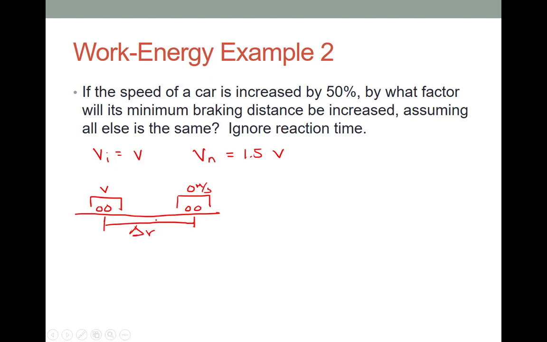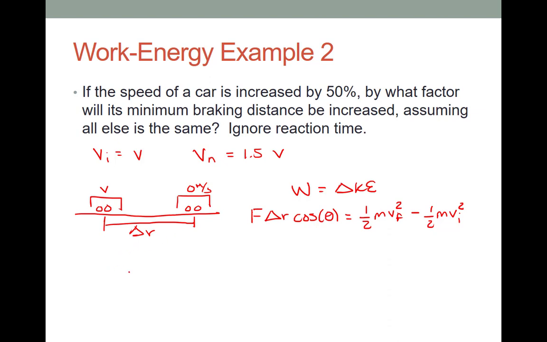What is the displacement? What is the minimum braking distance to make this happen? I know that the work has to equal the change in kinetic energy. So that would be the force times that displacement times the cosine of an angle has to equal 1/2 m v final squared minus 1/2 m v initial squared.